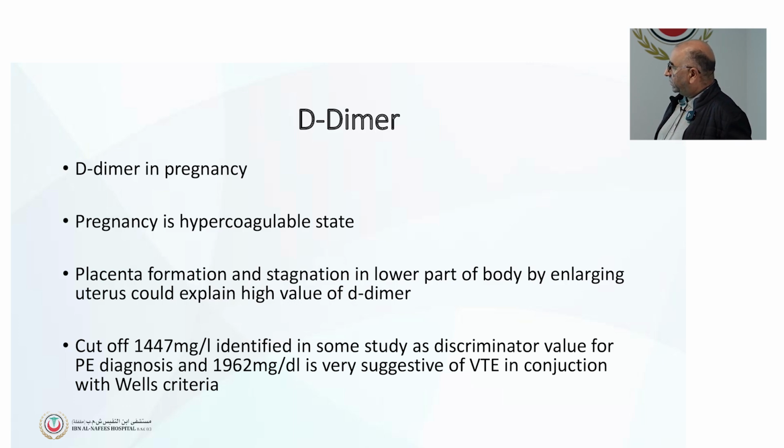For that reason, one of the studies identified a cutoff of 1,500 as normal in pregnancy. And when it is more than 1,900, in presence of Wells criteria or prior probability for PE, it is considered to be positive.